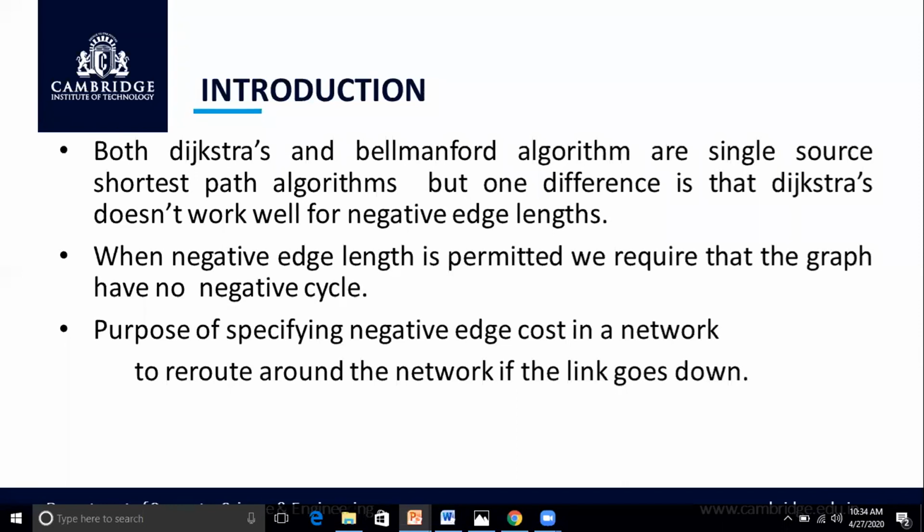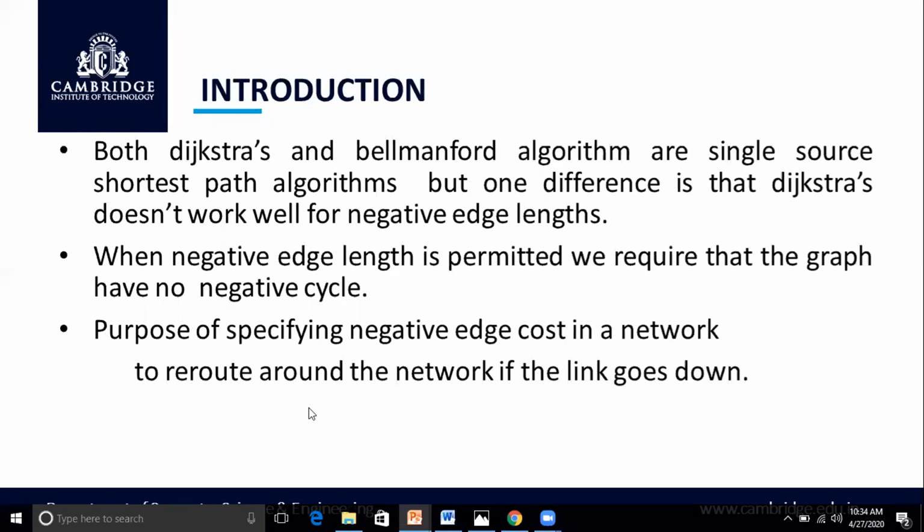The same thing applies to network models. Suppose a link goes down or a link failure occurs, and you still want to reroute gracefully, at that time we will be using a negative edge.